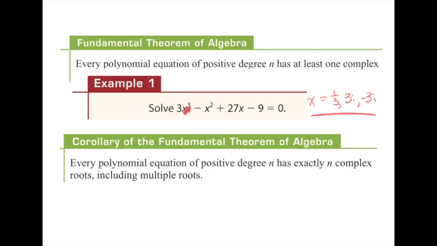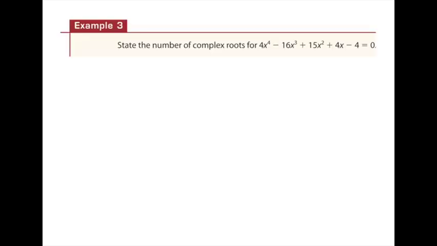So whatever your degree is, you're going to find exactly that number as your answer, all right? And if it says state the number of complex roots, that's an easy question. You literally just have to look at the degree. The number of complex roots that this is going to have is going to be 4.